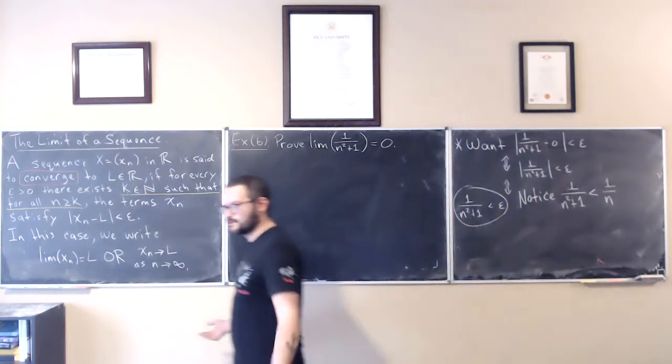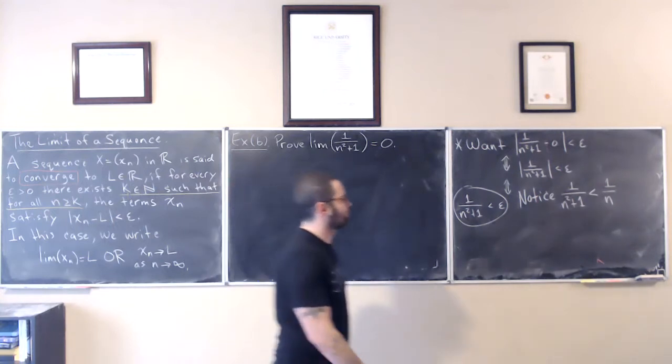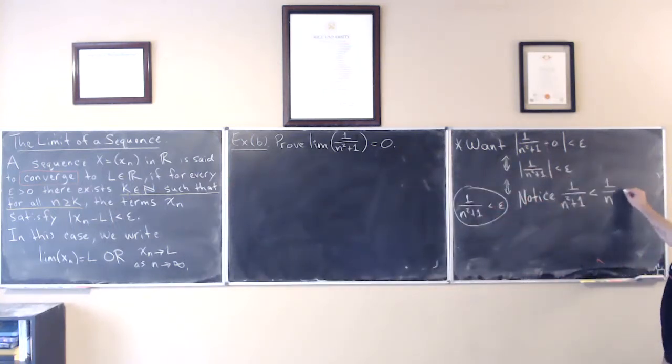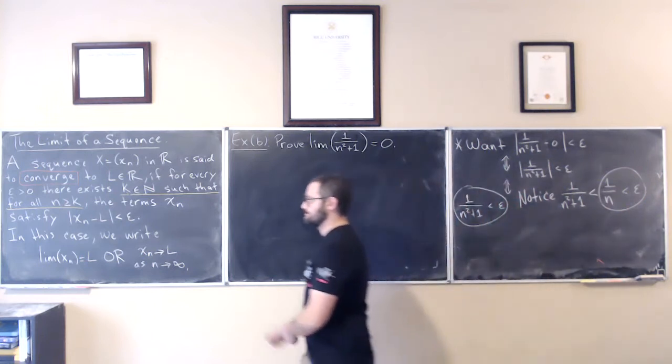Now you're dividing by a bigger number, and n is some natural number, so yeah, that's true. So if we can get that, then we're done, right?